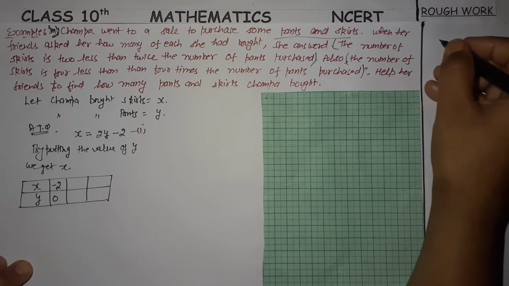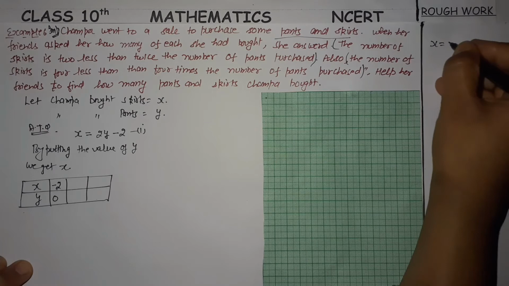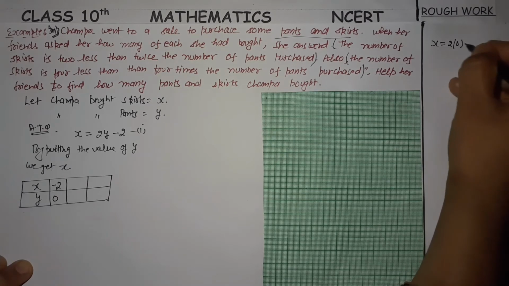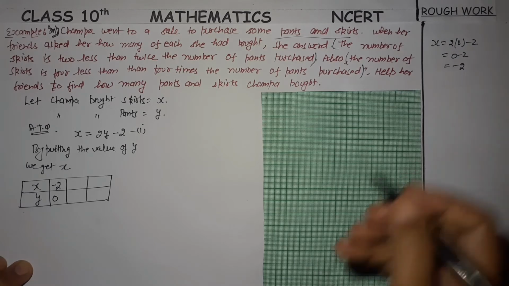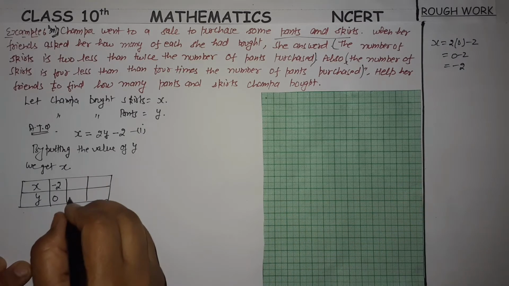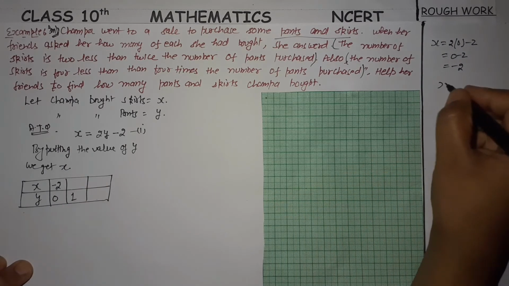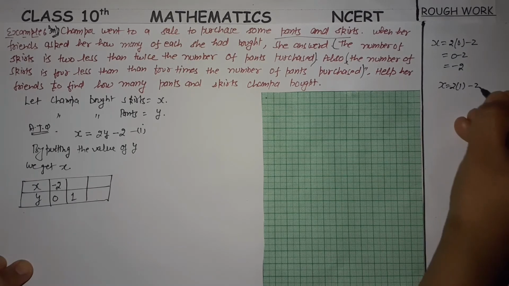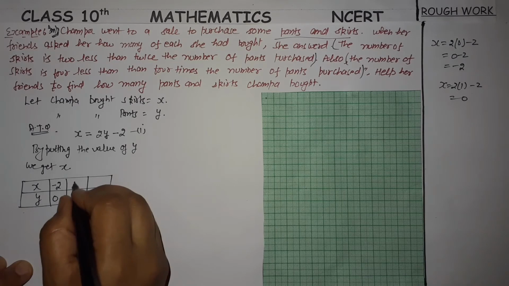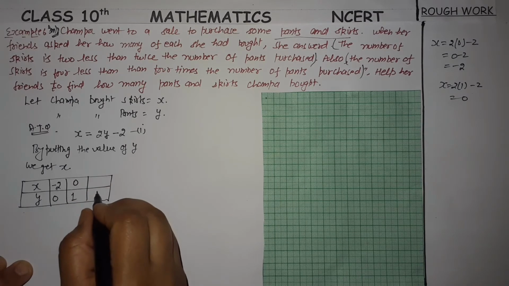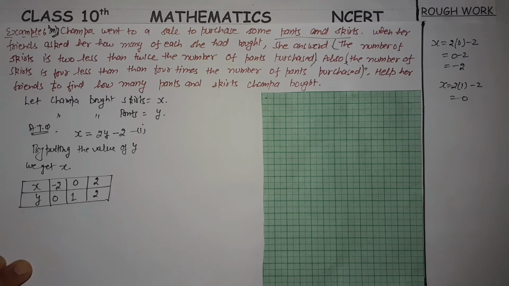You can solve it on the rough side of the page like this. 2 into 0 is 0. 0 minus 2 makes minus 2. Put y equals 1. The next will be 0. Put y equals 2. We have 2.